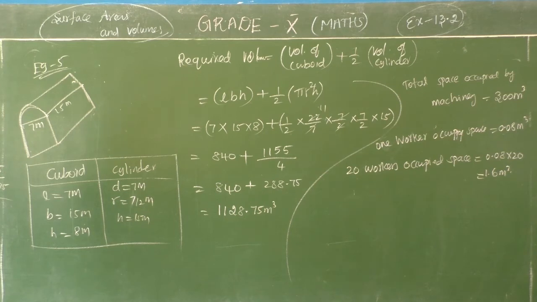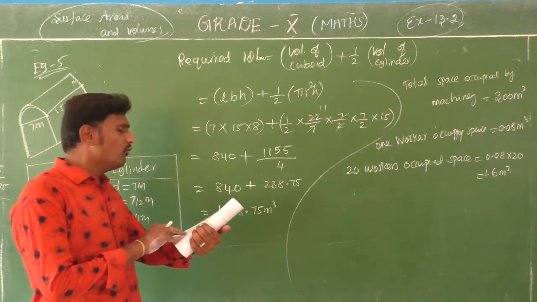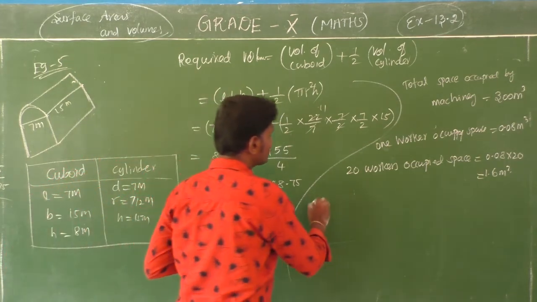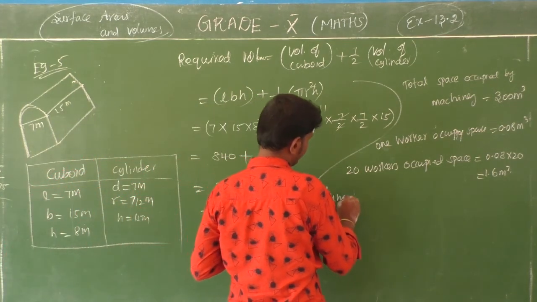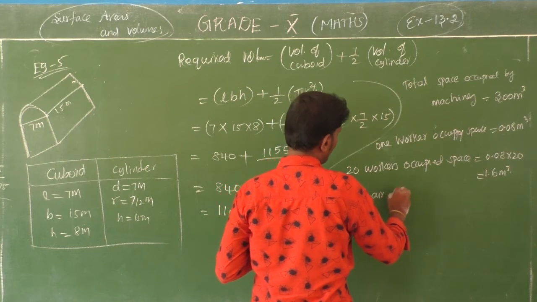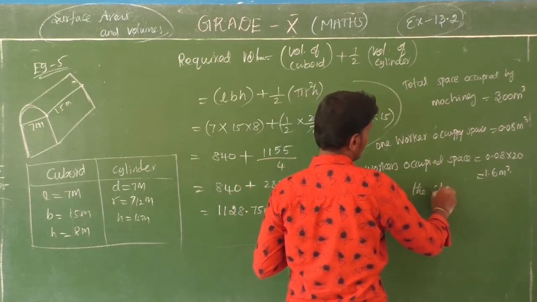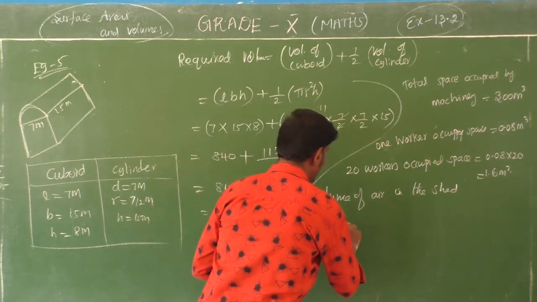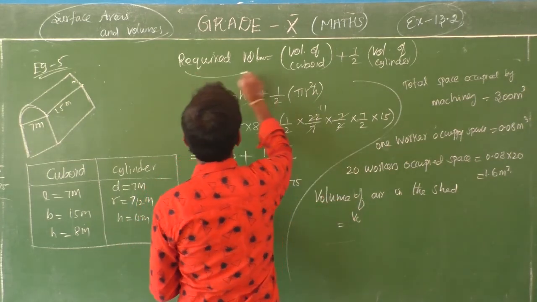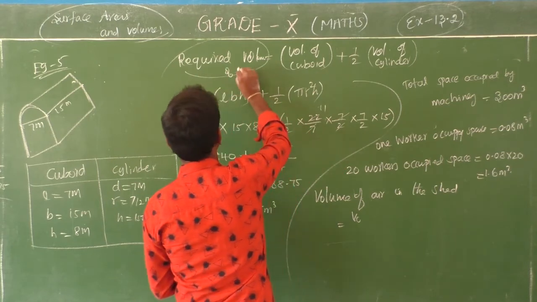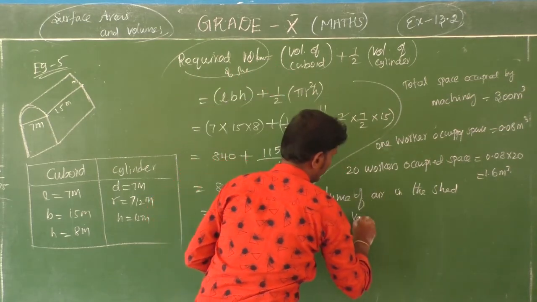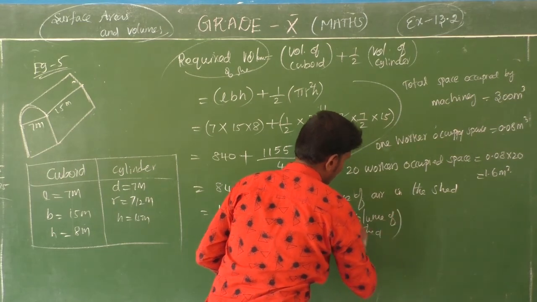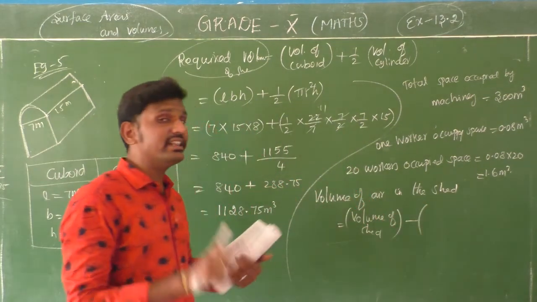Now what are they asking in the question? Volume of the air. That is the remaining air. Volume of the air in the shed is equal to volume of the shed minus, we have to add the two things.